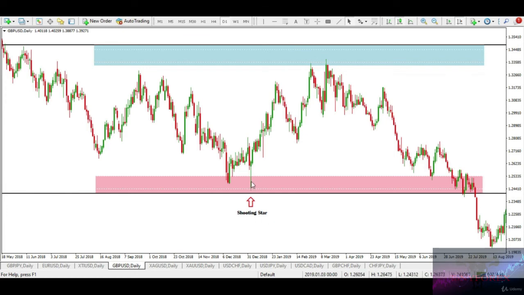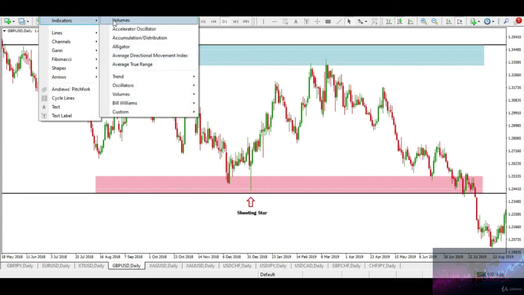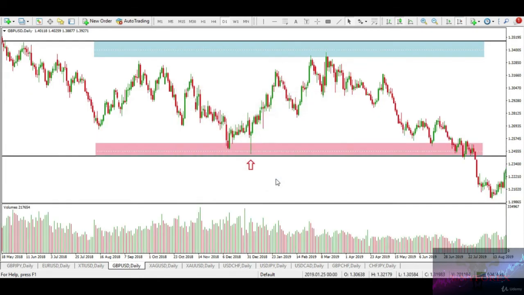Moving on to the next example of pound dollar, let us study if volume confirms the reversal. Once again, volumes confirmed the genuineness of price and market rallied in the later sessions.